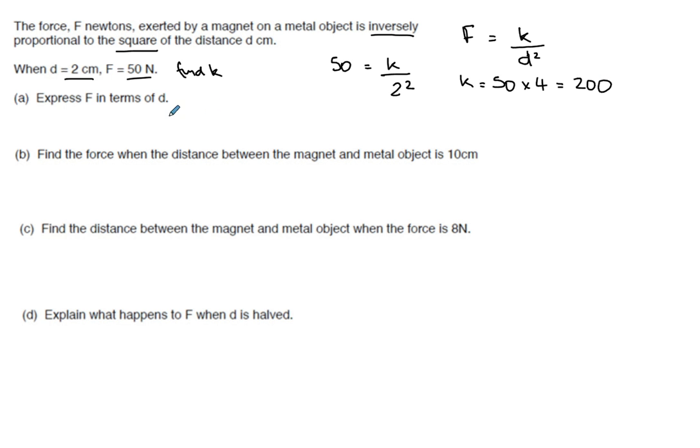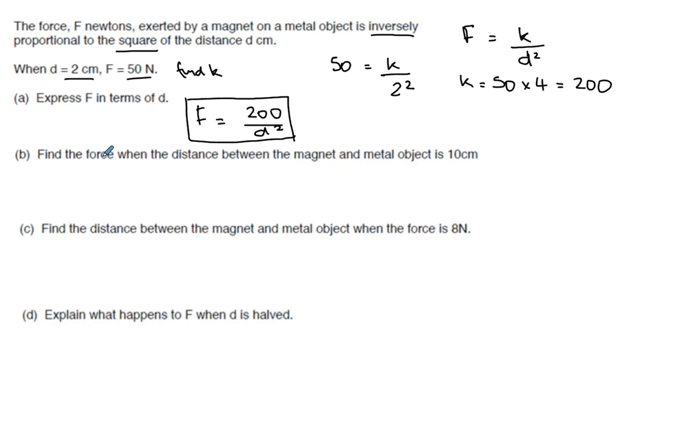So when it says express F in terms of d, we've got F equals, and now we know what k is, 200 over d squared. And that's what you work with. Even if they haven't asked you this question, always rewrite it showing the value of k, so when the other questions come, you can actually use that.